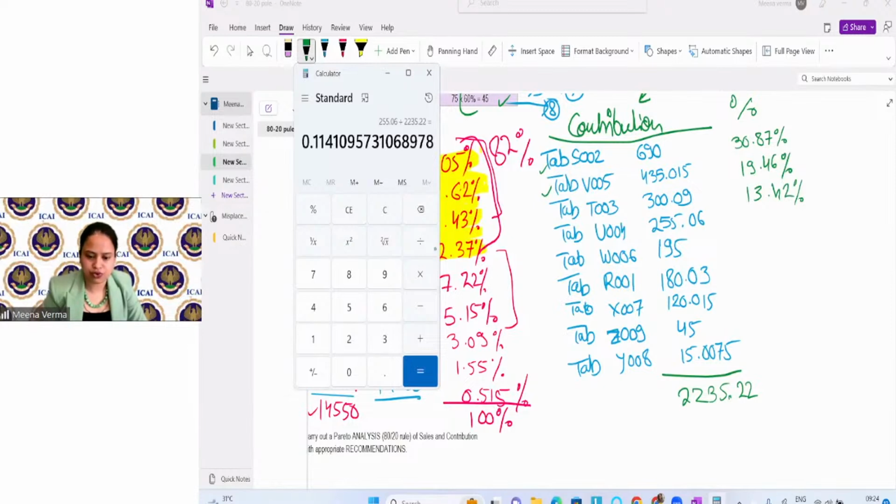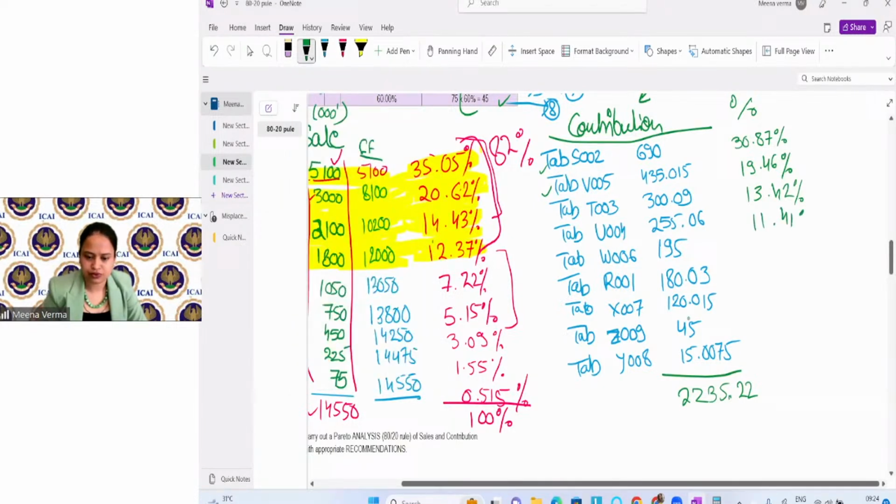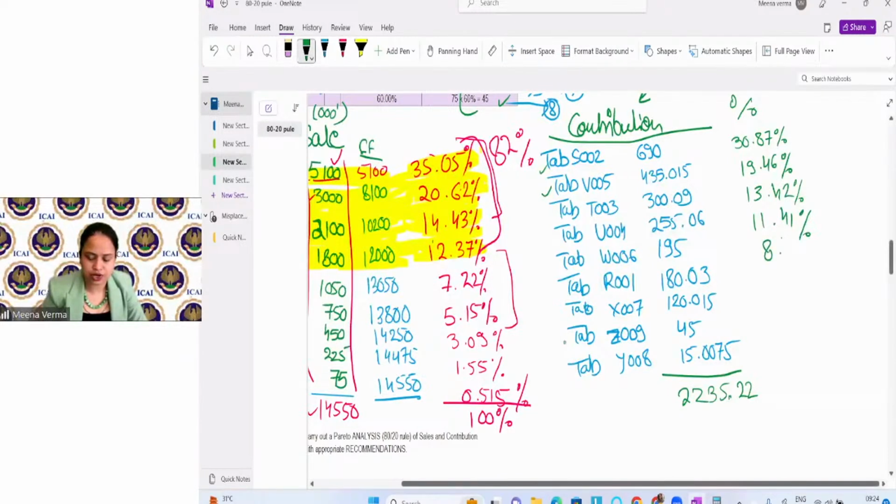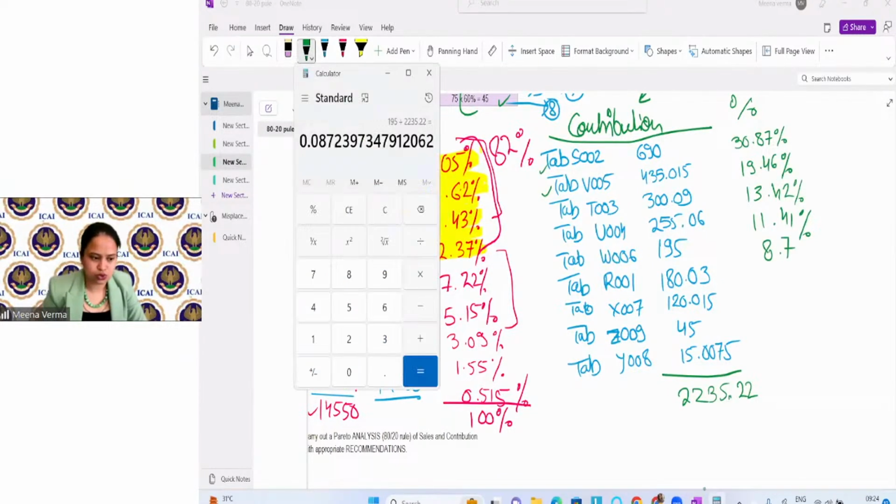So 11.41%. Next, 195 divided by 2235.22. So this is coming as 8.72%.